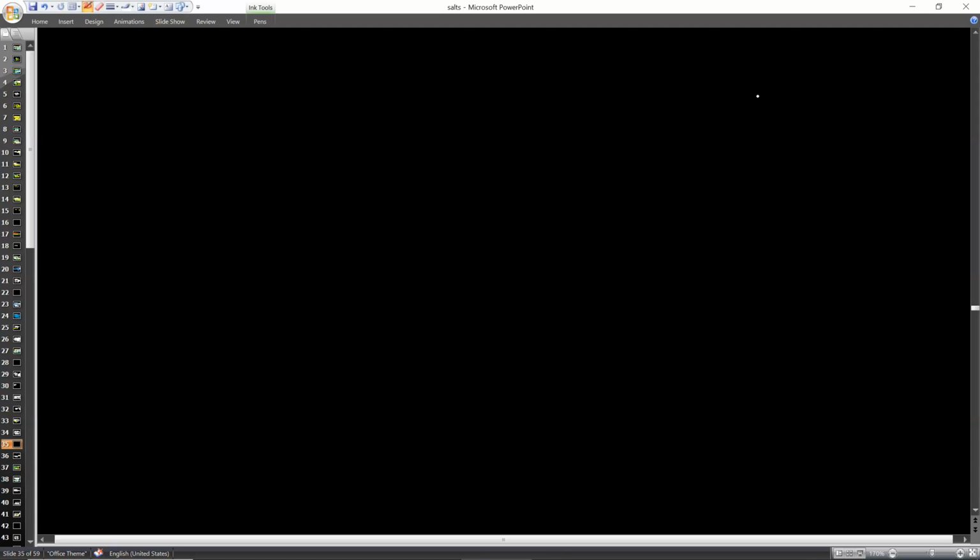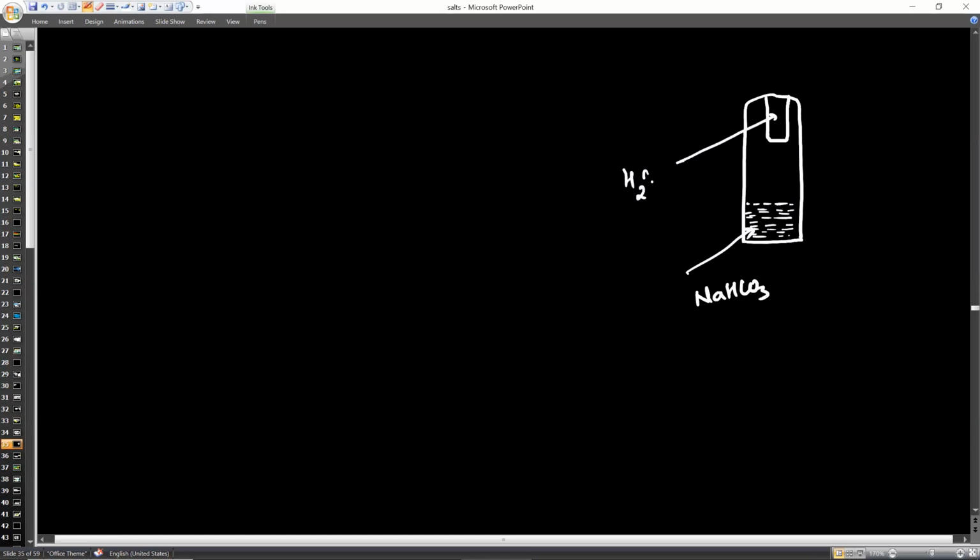What does a soda acid fire extinguisher have? Here it is going to have sodium hydrogen carbonate, and here it has a bottle of acid, which is H2SO4, sulfuric acid.